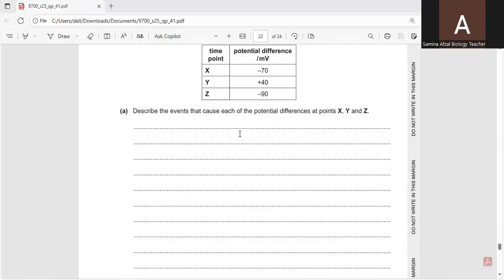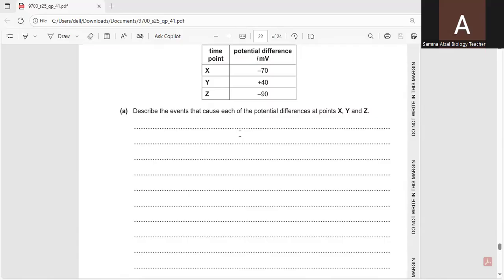As a result, the sodium ions rapidly flood into the axon down their electrochemical gradient, causing the potential inside the axon to become positive. The voltage gated channels for sodium then quickly inactivate or close. Then the time point Z.